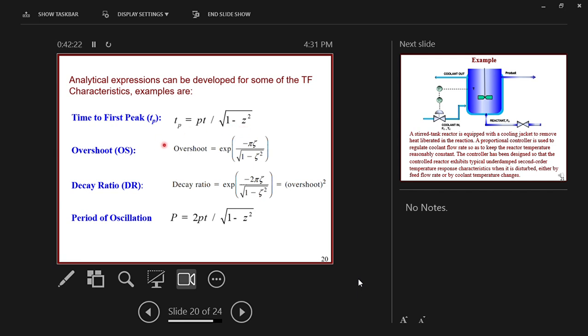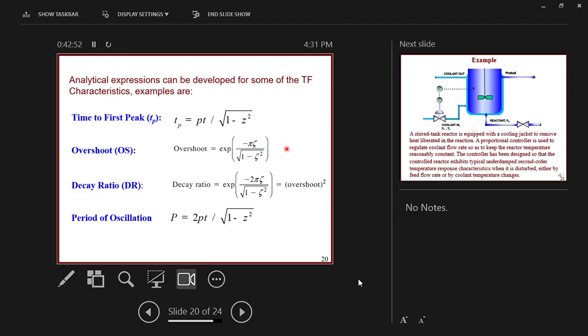The overshoot can be calculated as the exponential of minus pi zeta over the square root of 1 minus zeta squared. The decay ratio is the exponential of minus 2 pi zeta divided by the square root of 1 minus zeta squared, or it is equal to the overshoot squared. The period of oscillation is calculated as 2 pi tau divided by the square root of 1 minus zeta squared.